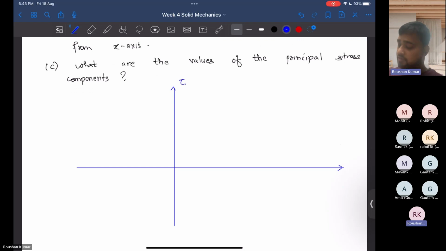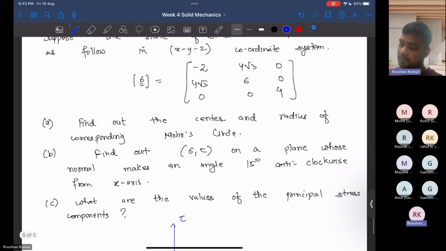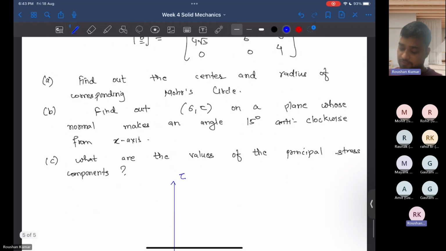This axis is the shear stress and this is the normal stress. Now the question is, find out the center and radius of the corresponding Mohr circle.